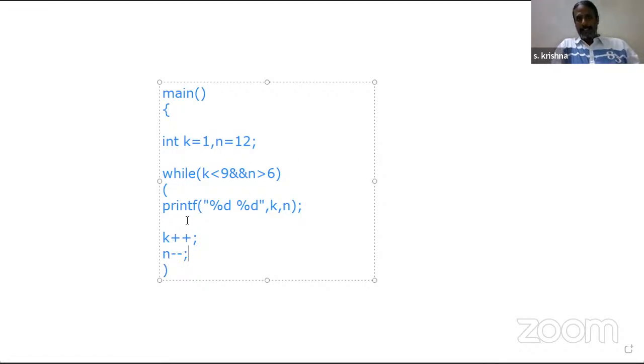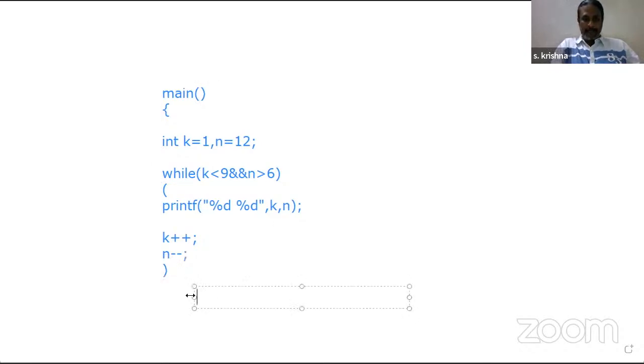So instead of writing all these, we write a for loop, which is k is equal to 1, n is equal to 12, semicolon, k less than 9 and n greater than 6, semicolon, k plus plus and n minus minus.